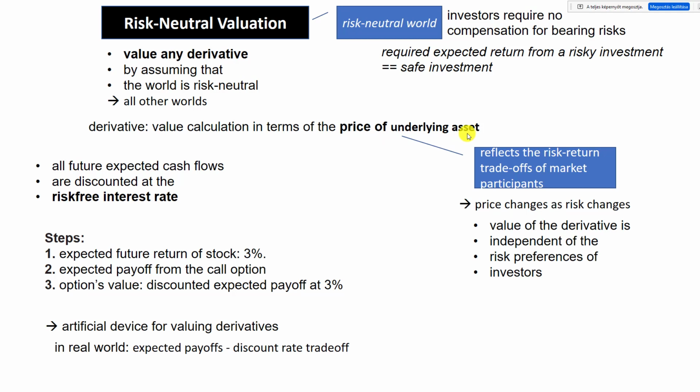So it means that even if we don't care about the risk of the investment, practically all the risk will be represented in the price of the underlying asset. So if the price of the underlying asset is changing due to risk, then we don't have to care about it twice, because it's already there. So that's why we can move to this risk-neutral world.